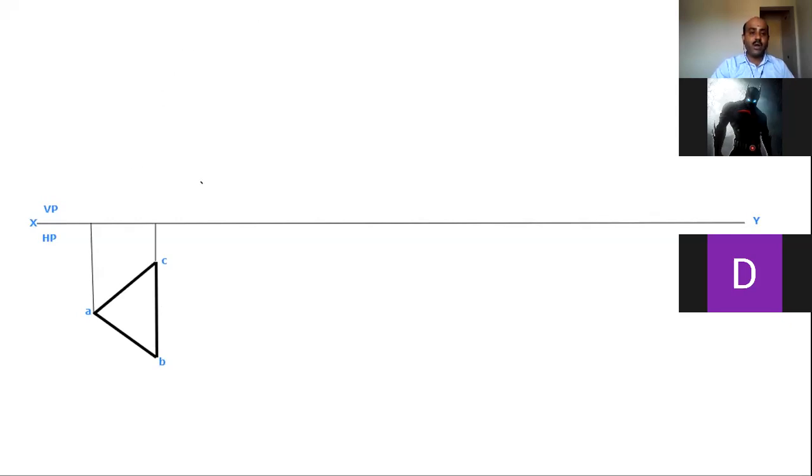Now we can draw the front view by joining these two end points. This is the front view. Now you can mark this as A dash, and this point as B dash, which is visible in the front view, and C, which is not visible in the front view.